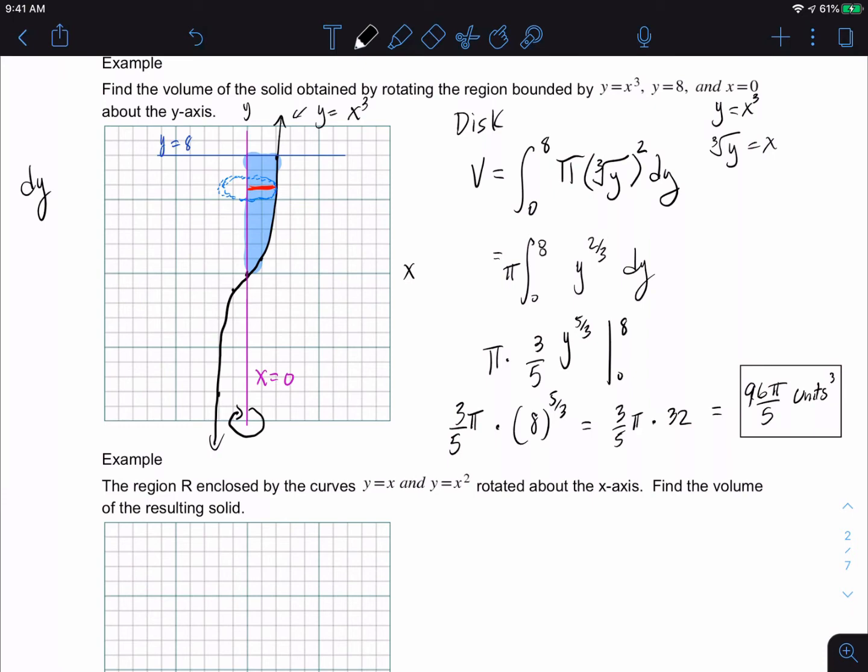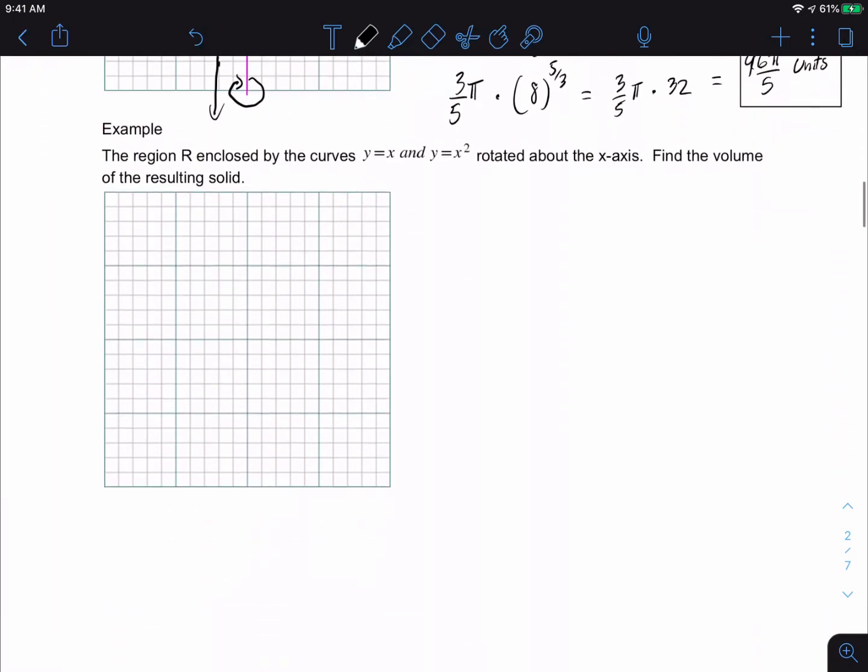Okay. Now, this next one, let me go ahead and graph this so you guys can see. It tells us that we have the region R enclosed by the curves y equals x and y equals x squared. So here's my x-axis, here is my y-axis, and I'm calling that 1 and that 1, so that would be 2 and that would be 2. So my line y equals x is that right there.